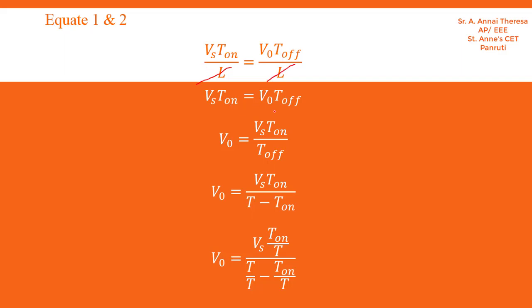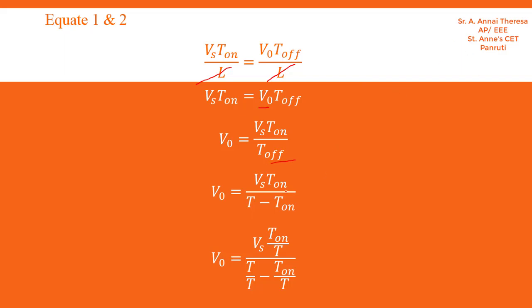From this V naught is equal to Vs T on divided by T off. This T off can be written as T minus T on. Already I told you in the previous video, because T is equal to on time plus off time, off time is equal to T minus T on.